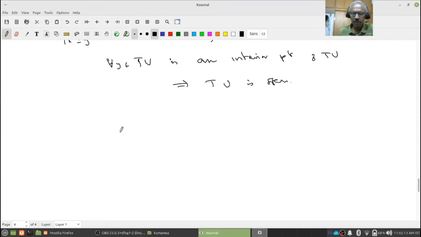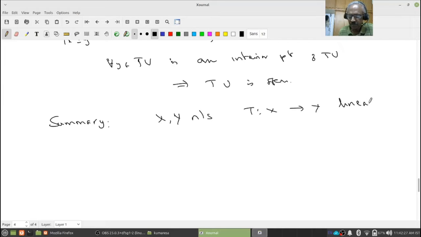Okay. So we have proved the following result. In summary, this is what you have proved. Notice that X and Y are normed linear spaces. T from X to Y is linear. I am not assuming continuity here. I am not assuming completeness here. Then T is open if and only if there is an epsilon positive, so that epsilon times B_Y is contained in T(B_X).